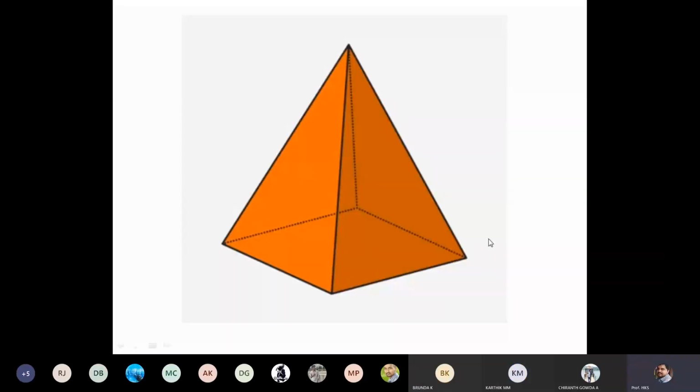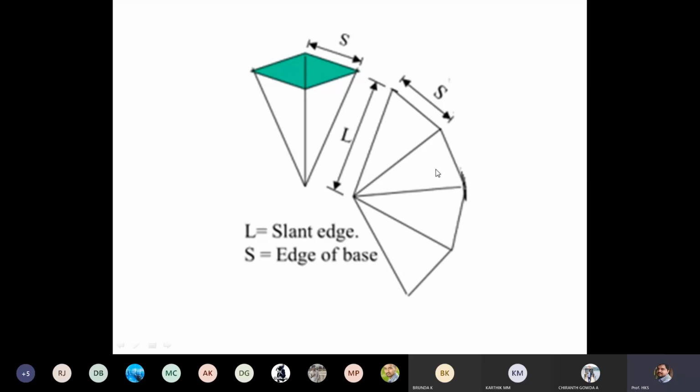Next, are you able to see the PPT? Yes, sir. Okay, so this is the development of a square pyramid. It is actually upside down here, so the base will be at the bottom and apex at the top in most of the problems.